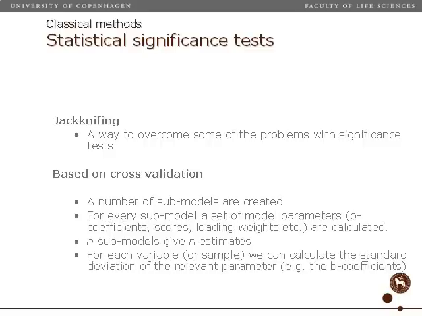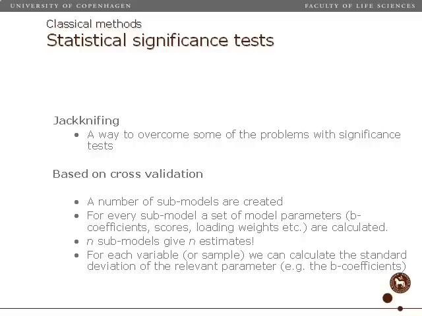There's another way to do significance testing though, which is more appropriate for highly multivariate data, and that's jackknifing. Jackknifing is based on cross-validation. When we do cross-validation, we take out one or several samples and build a model, take out another sample and build a model.